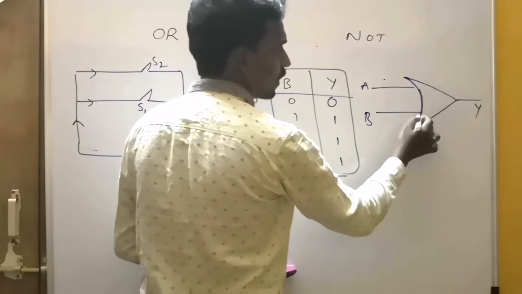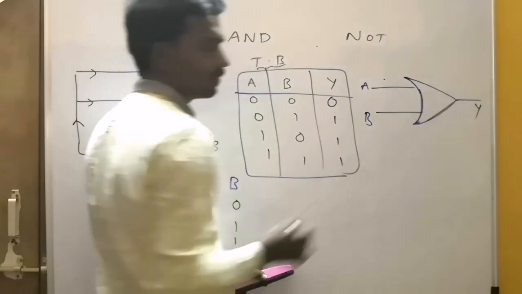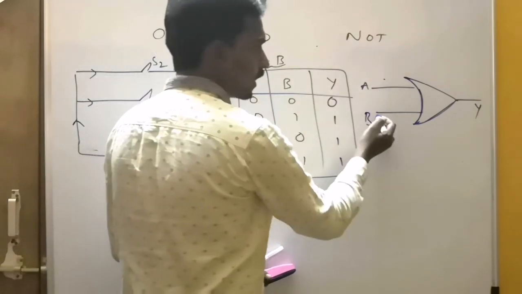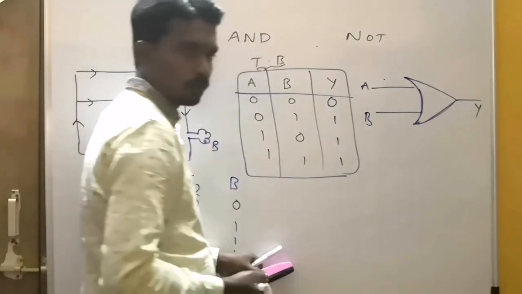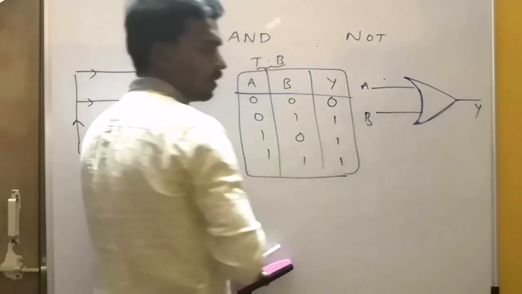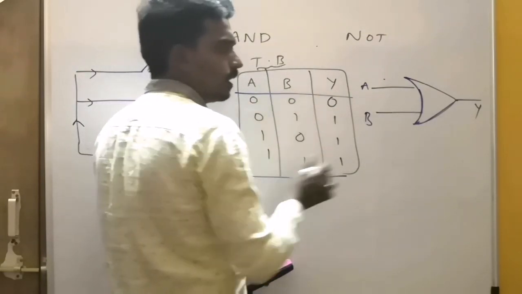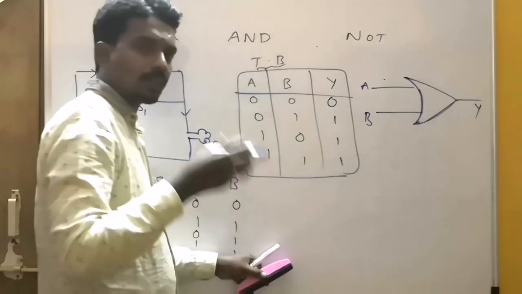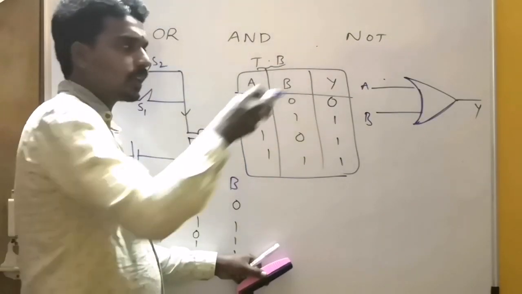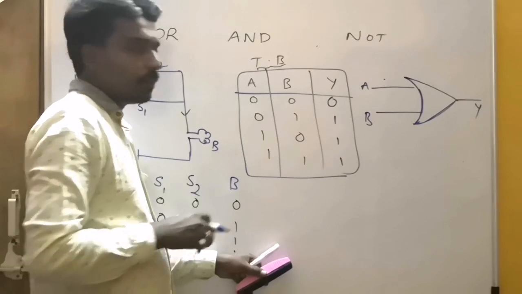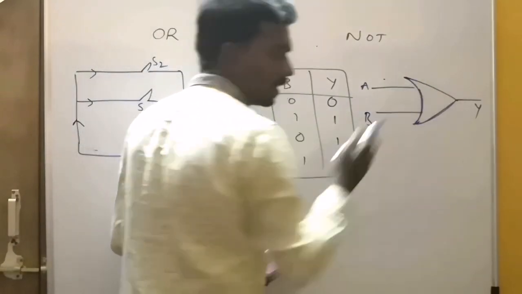This line should come like a curve, this one. So two inputs you are giving and you are getting one output, which depends on the inputs as shown, which is called the truth table. And this is the circuit symbol, which consists, as I said, of transistors and all. But we don't want what is there inside.